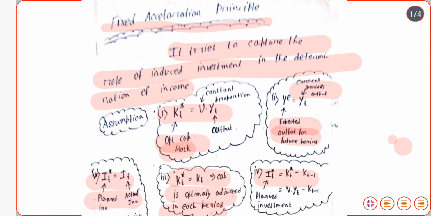That means if we subtract the capital stock of a year back, kt minus 1, from the current period capital stock, then we get the planned investment it star. So that is equal to v into yt minus kt minus 1.